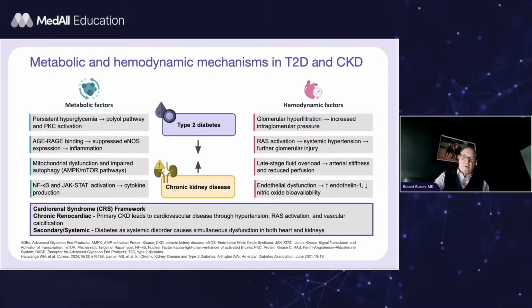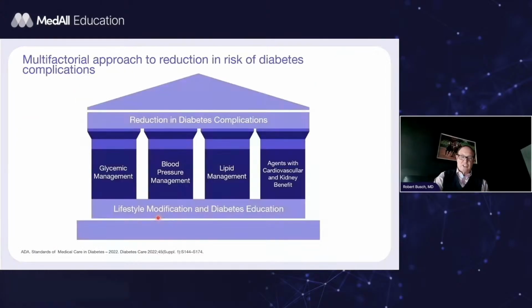So that comes on by more RAS activation, you can get fluid overload, etc. But then you have the metabolic factors, the hyperglycemia and dyslipidemia that can lead to inflammation and fibrosis. So with this combination of things, you end up with cardiorenal syndromes, and the diabetes as a systemic disorder can lead to these multiple problems with heart, with atherosclerosis, and with kidneys with inflammation.